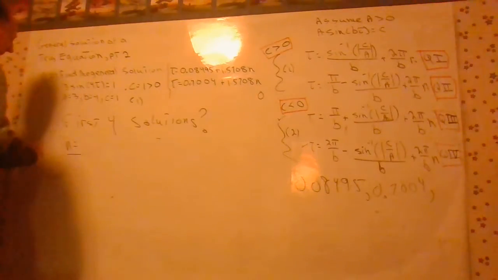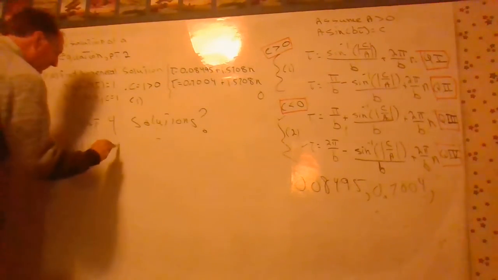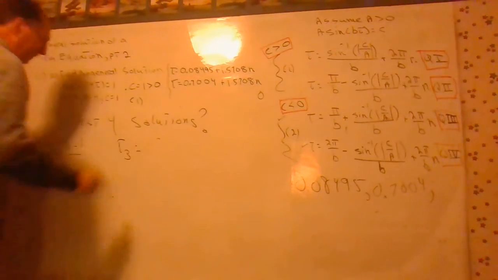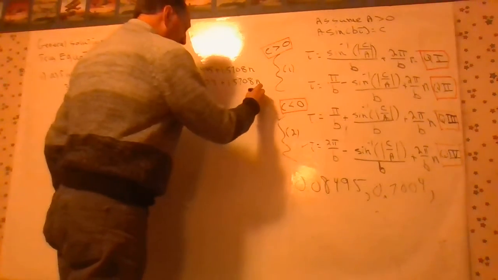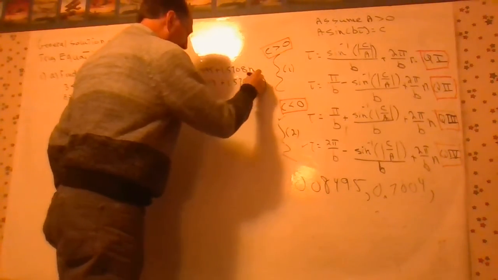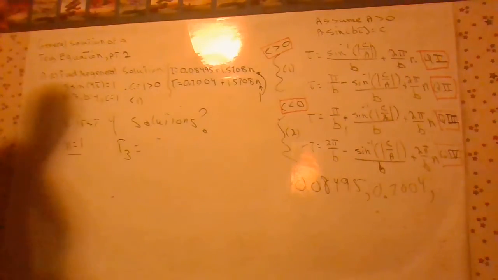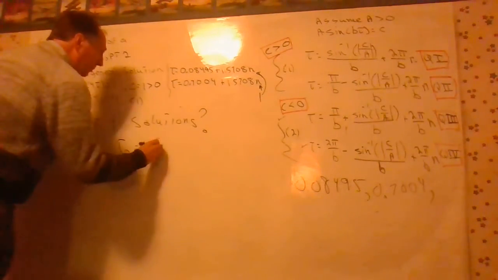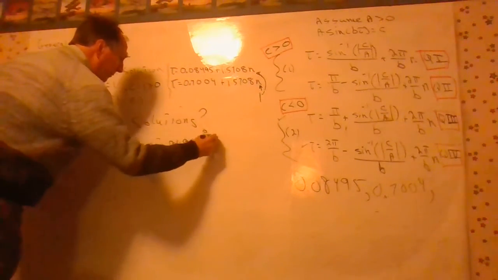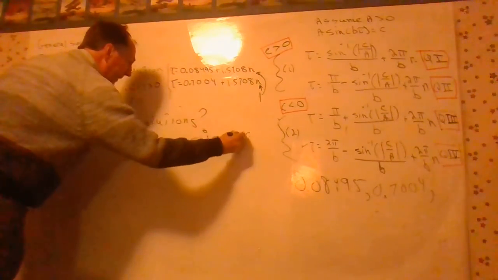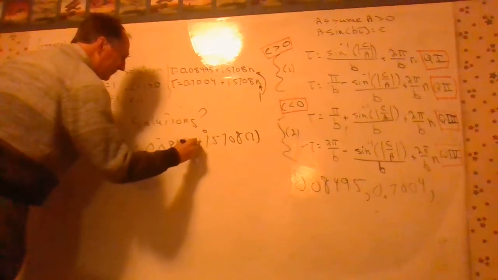And then we can let n equal 1. T3, we're going to change this number to a 1. It gets substituted here and here. And T is 0.08495 plus 1.5708 times 1.